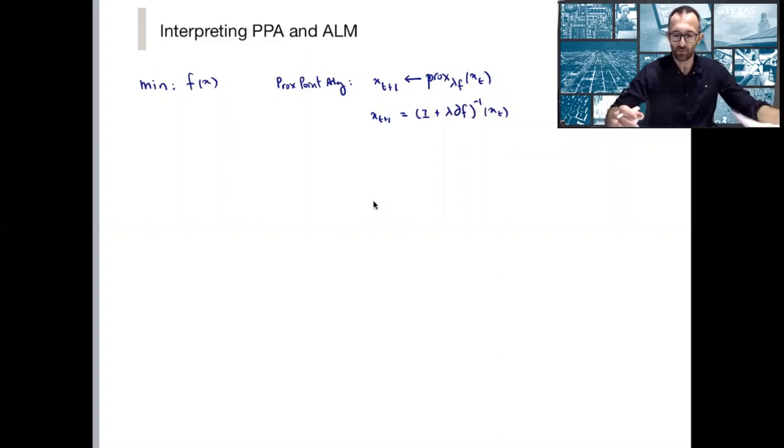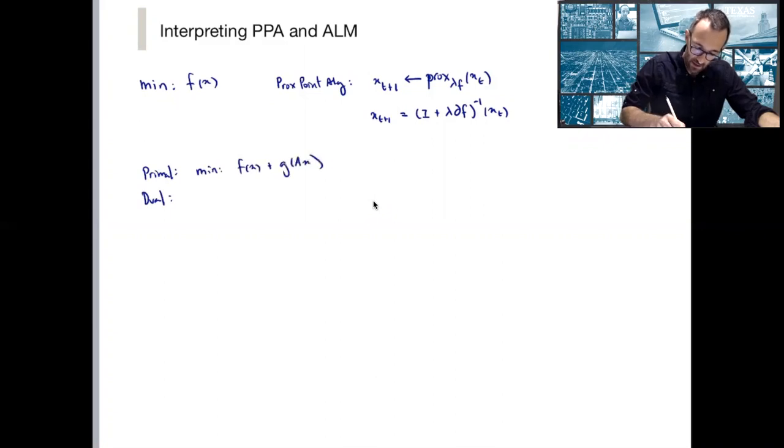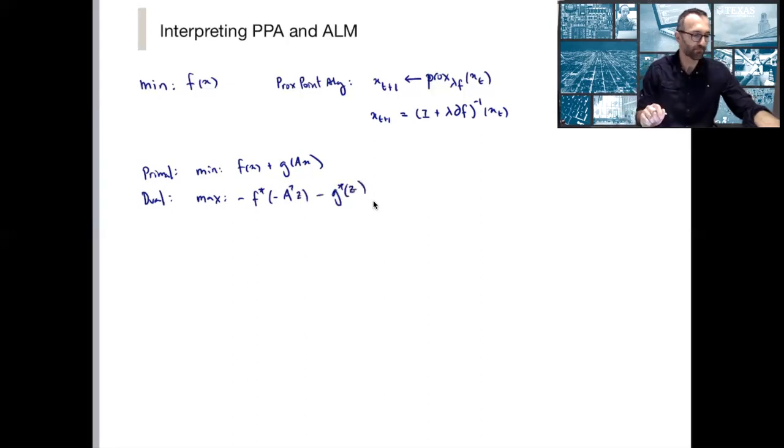And so we studied a number of its properties in the primal, and then also looked at it in the dual. So remember, if the primal is, let's write it in our more general exploitable form, minimizing f of x plus g of Ax, then the dual is maximizing minus f star of minus A transpose z minus g star of z.